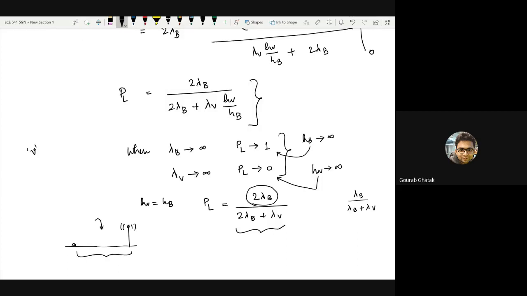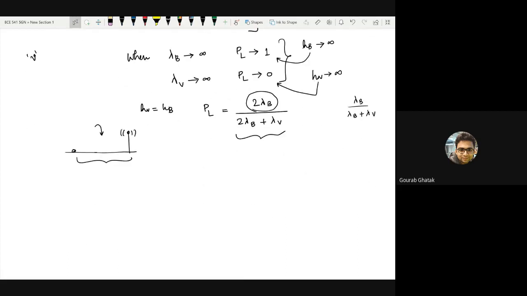I'll give you a similar problem, though I don't know if the analogy holds. If you have an independent random variable x between 0 and 1, and another independent random variable y between 0 and 1, and I am interested in the expected value of x plus y, and suppose both of them are uniform.